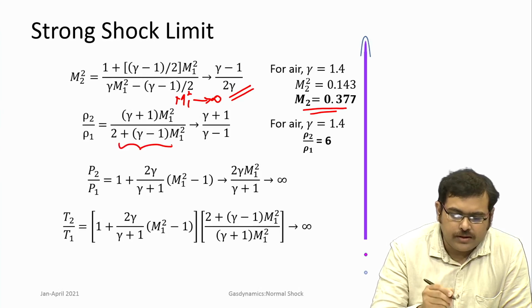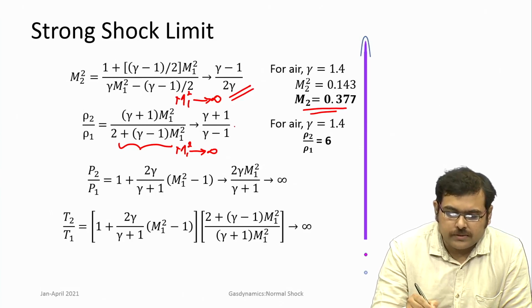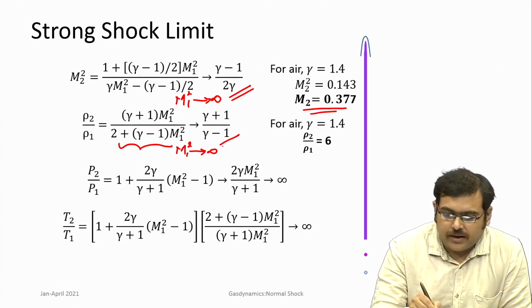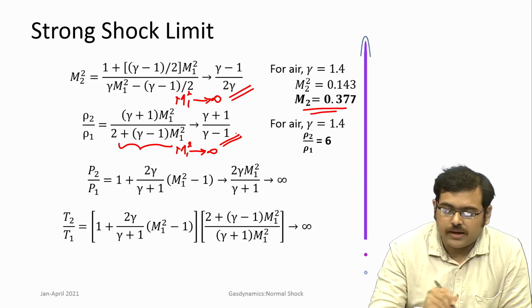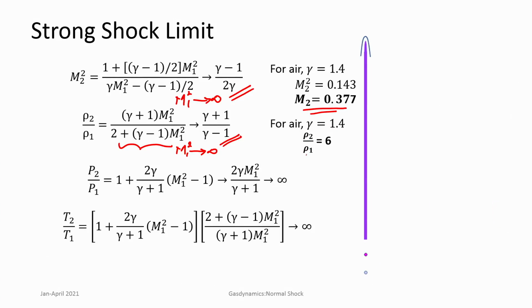Following the similar procedure, M1 square tends to infinity, and you observe that the density ratio across the shock reaches finite values. This is gamma plus 1 by gamma minus 1, and for air where gamma is 1.4, this is equal to 6.